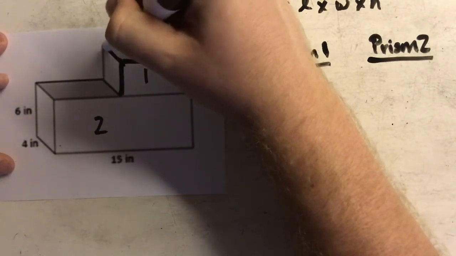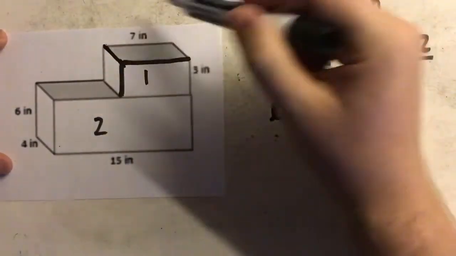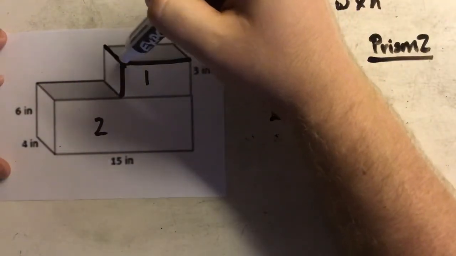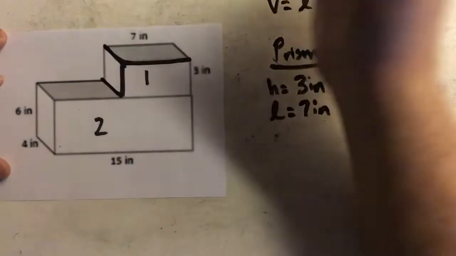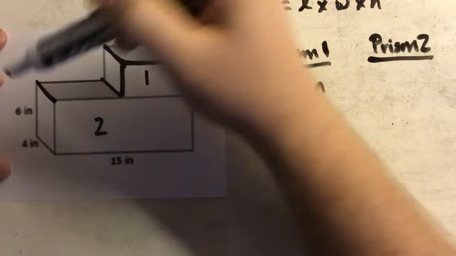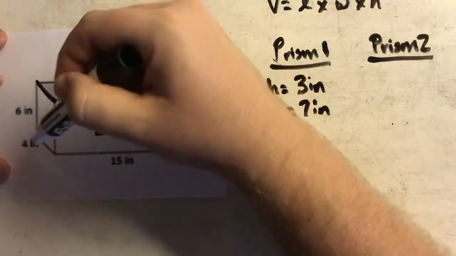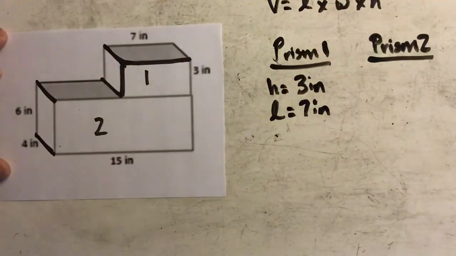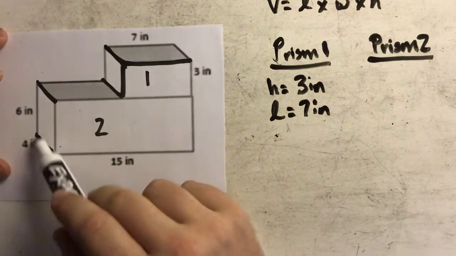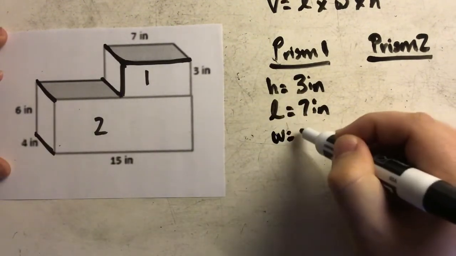But this line right here, we don't see a measurement listed. So what I need to do again is recognize that this line and this line are equal, and this line have to be equal, and that line and this line would also need to be equal. So we can see that up here is the same as 4 inches.